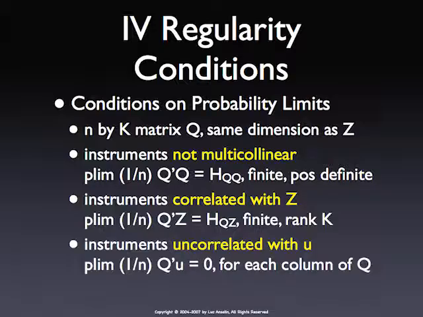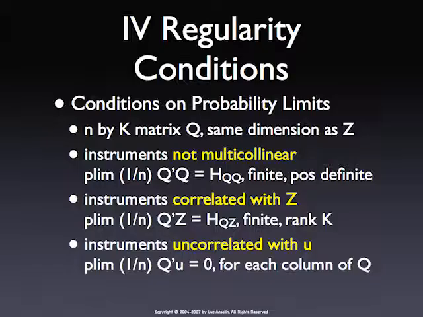Secondly, as we said informally previously, these instruments have to be somewhat related to the original variables. And the way we formally express this is that this matrix Q prime Z, Z being the original covariates, and Q being the instruments, has to be finite and have a proper rank. The rank is some indication that we have independent pieces of information.